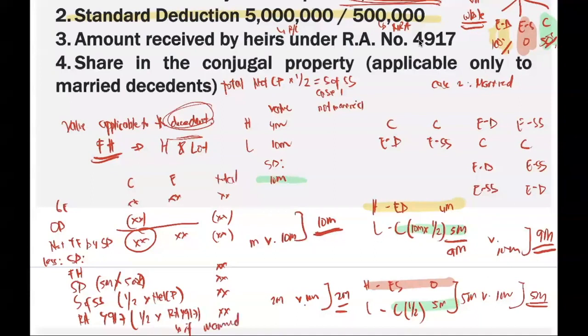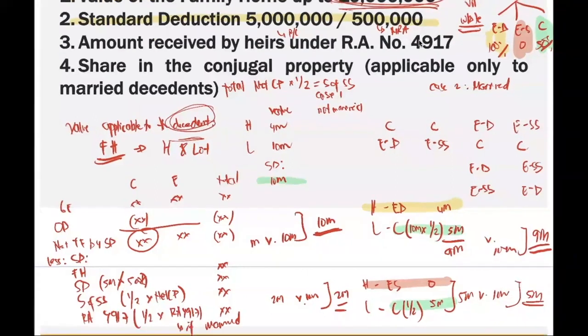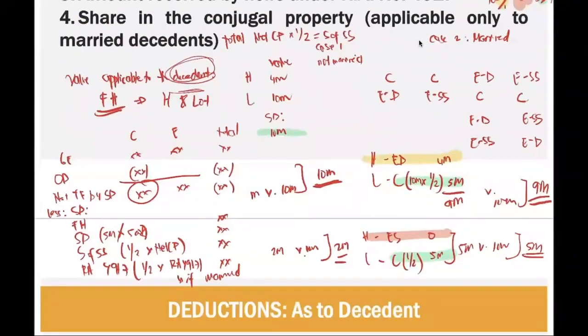Sir, why only 1/2? Because it is considered conjugal property. Therefore, since it is considered conjugal, you just remove its 1/2. So, conjugal, exclusive, family home, deduct that. Standard deduction is either 5 million or 500,000 depending on whether you are a resident or citizen or a non-resident alien.